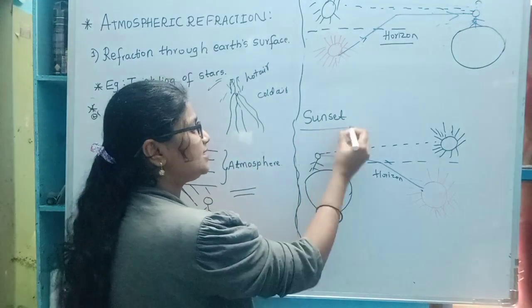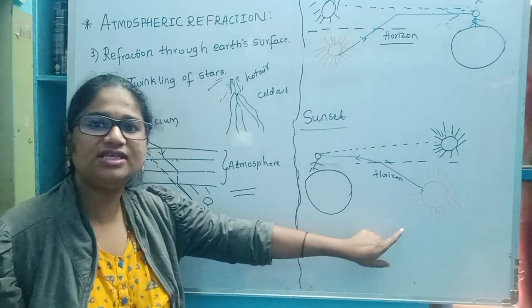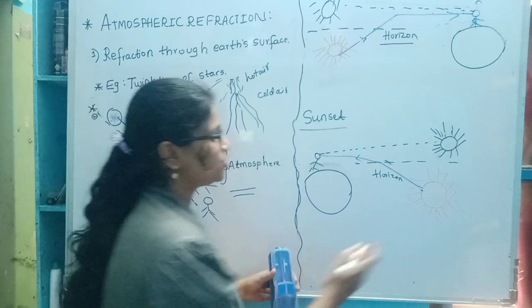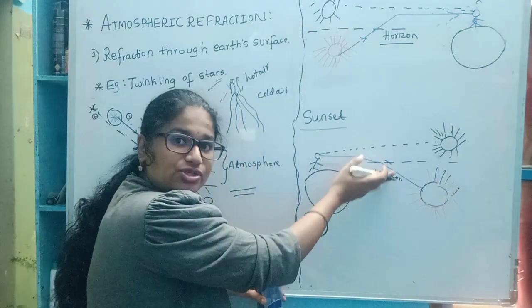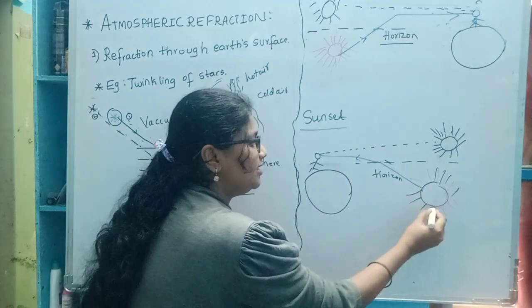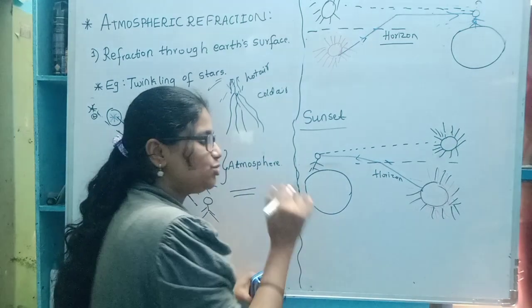Next, let us consider a sunset. Sunset is in the west side. This is the sun which has already set under the horizon. What happens here?